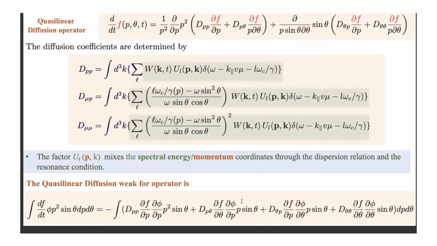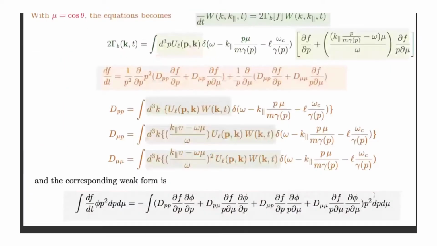Okay, so the quasi-linear diffusion operator written in weak form takes this structure. And this is interesting because you immediately see that the right framework to look at this motion is to use coordinates where mu is the cosine of the poloidal angle, and p, a lowercase p, is the radial part of the momentum.